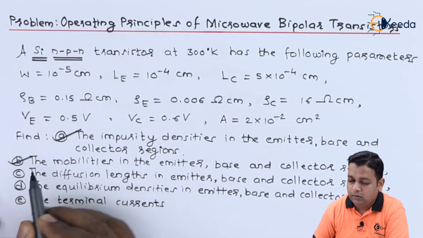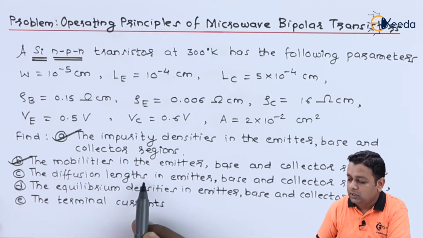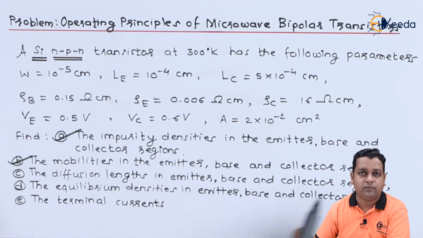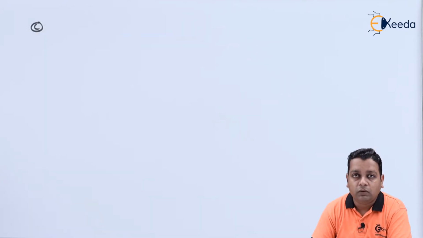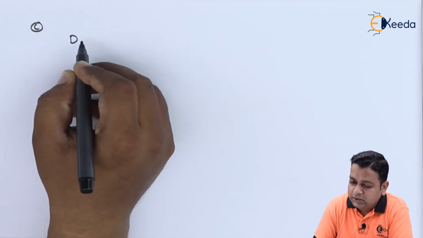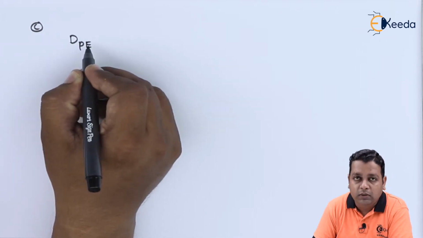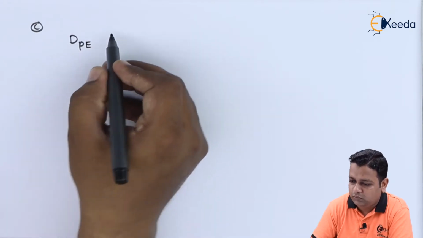After solving part B, in part C we require the value of diffusion coefficients in the corresponding emitter, base and collector regions. For the determination for part C, we start with the use of formulae. We have the coefficients D_pE for the holes in the emitter.